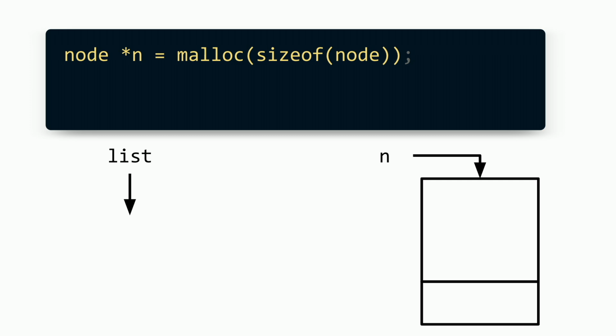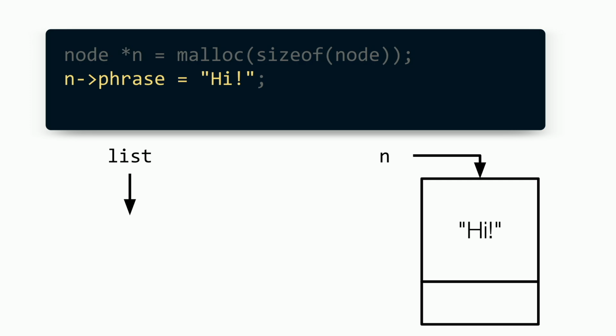Next, what we need to do is populate it. We said that each node will have two components, the first one being a phrase, in this case, hi. And then the second part is having a pointer to the next node. Well, we don't have a next node just yet, so we can just set it equal to null. And this is where we have slightly different notation.